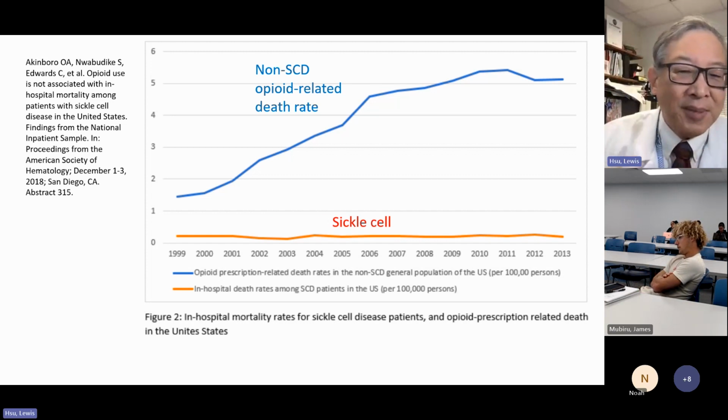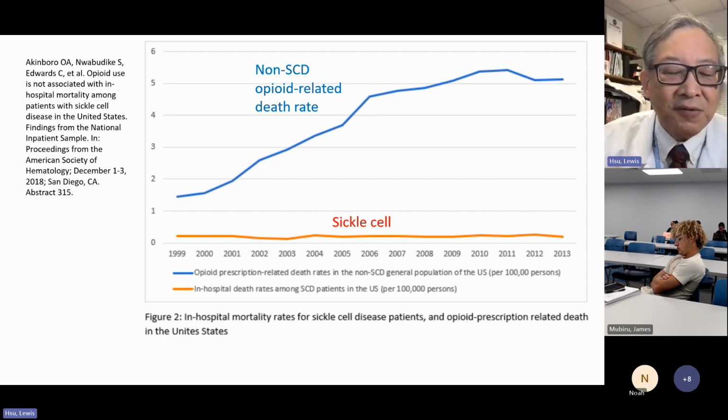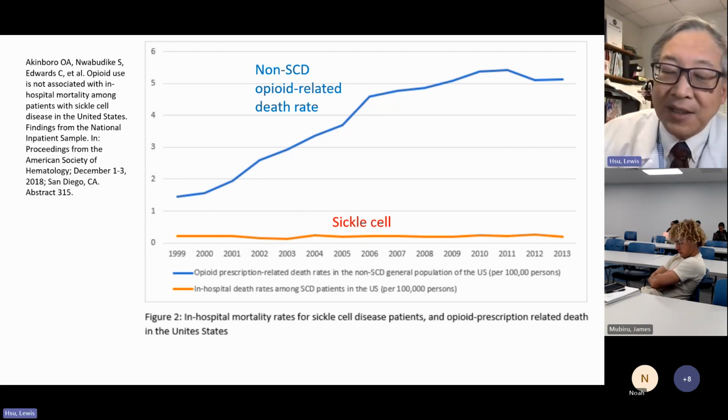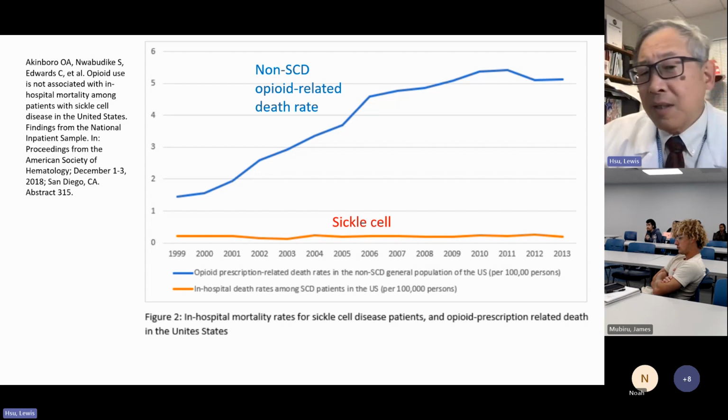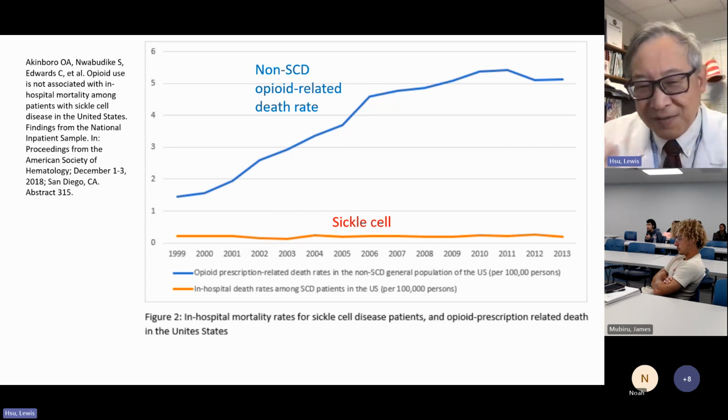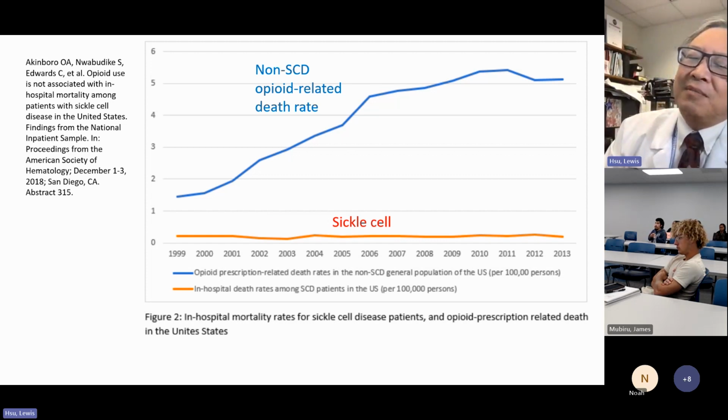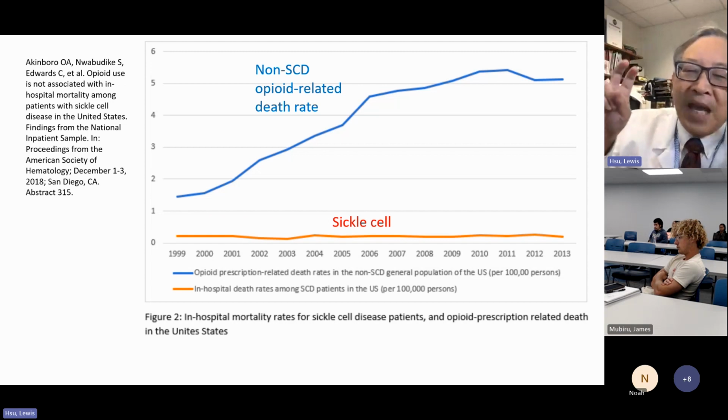But here's the orange line on the bottom showing sickle cell and how many deaths there are from opioids with sickle cell. So it's not 0, but it's definitely not rising. And so people with sickle cell are not being killed so much like the general population is, having unfamiliarity with opioids and using street drugs. People with sickle cell are getting prescription medicines. They're using them for their pain, but they're getting painted with the same stereotypes or the same side eye of, yeah, right, you need all this pain medicine because you have pain.